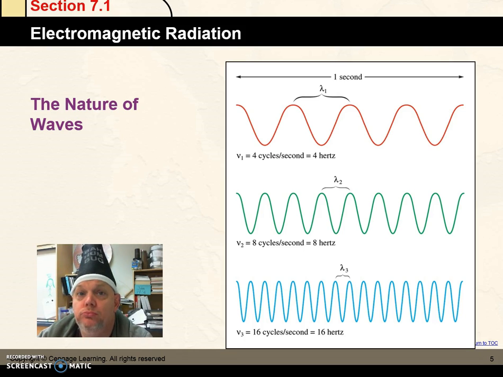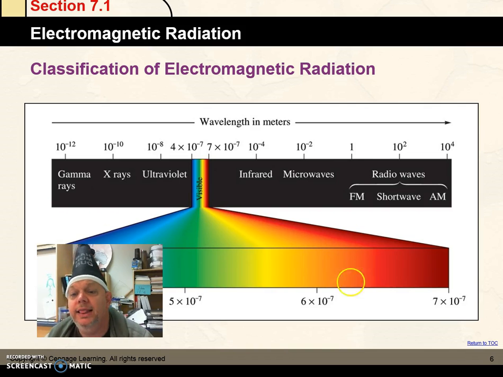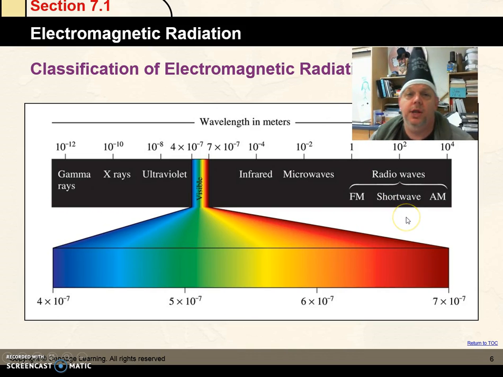And that would work. All right, let's look at the classification of electromagnetic radiation. A lot of people think about radiation, oh, I'm going to get radiated, I'm going to glow green, and I'm going to have issues. That's one form of radiation.